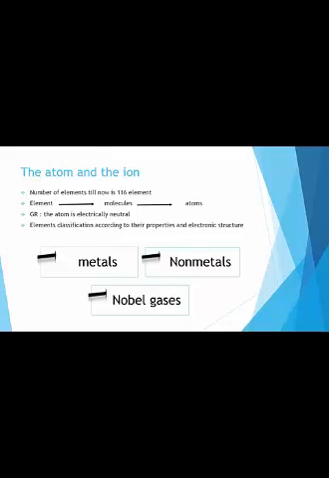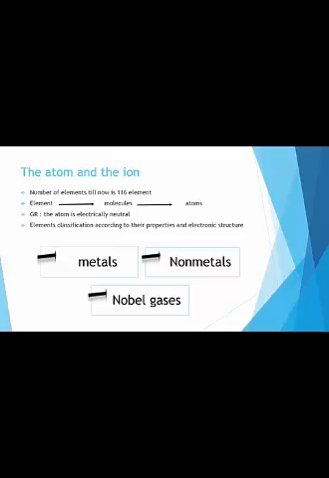Inside the nucleus there are particles with positive charge known as protons, and particles with neutral charge, the neutrons. But around the nucleus, negative particles revolve with negative charge, known as electrons.